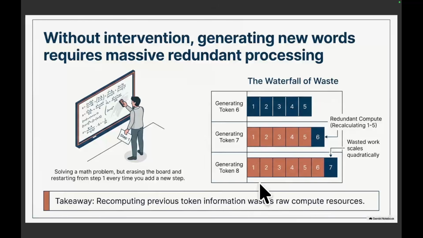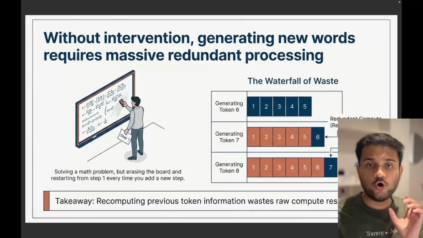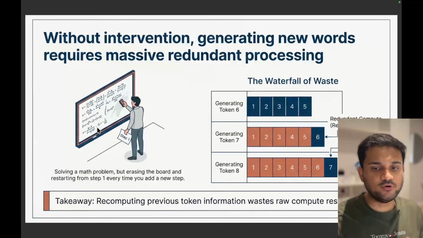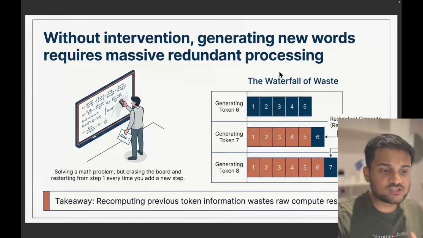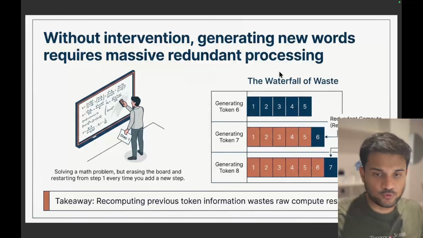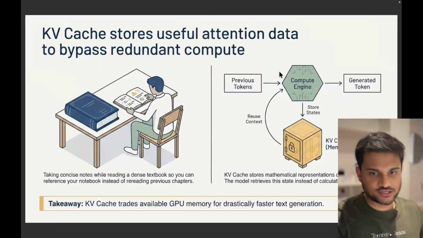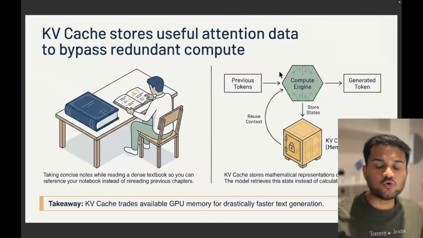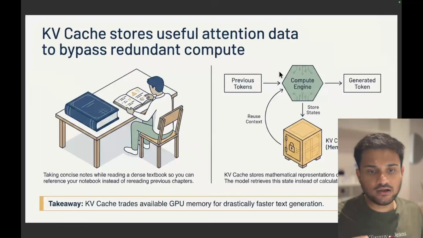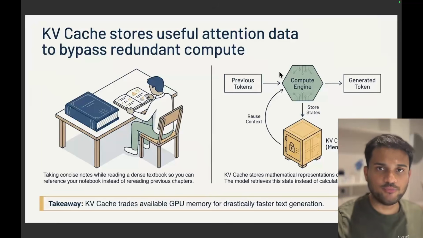So you can see there's a lot of recomputation happening, which is leading to a lot of waste of raw compute, right? Your raw compute is getting wasted, and that's what we want to improve. That's where KV cache comes into the picture. KV cache stores useful attention data to bypass your redundant computation.